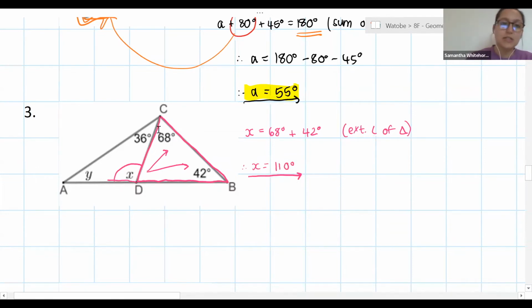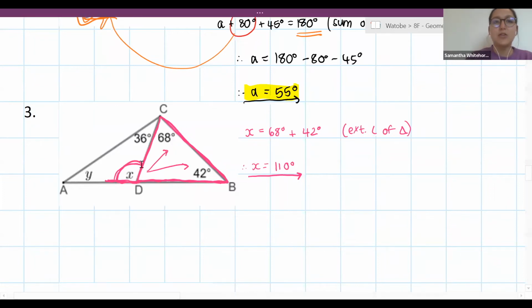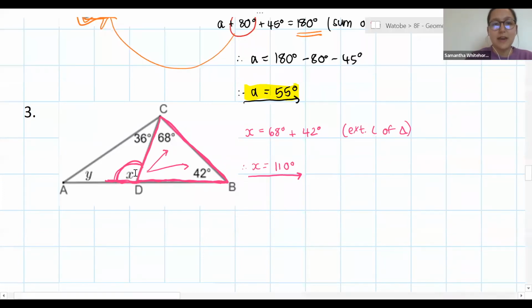110 degrees. Now, guys, this was because, again, I looked at this triangle, CDB, and I saw, okay, cool, X is outside that triangle, so it is an exterior angle to the triangle. And I know that it's specifically an exterior angle for this triangle because it's right next to the triangle, it's attached to it, it comes off of an extension of its arm.